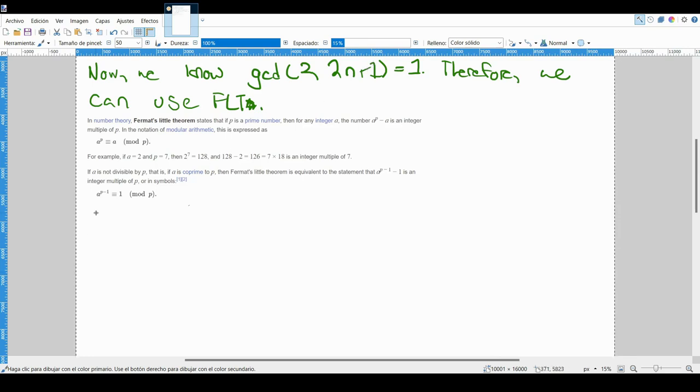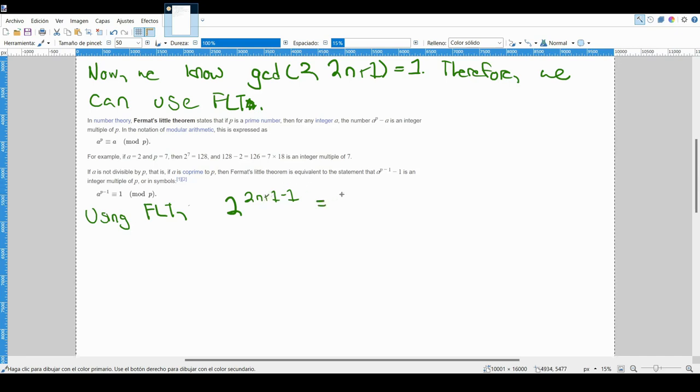So we know that using Fermat's little theorem, 2, right here, to the power of 2^n plus 1 minus 1. Recall that this is a prime number by the original assumption in our question.